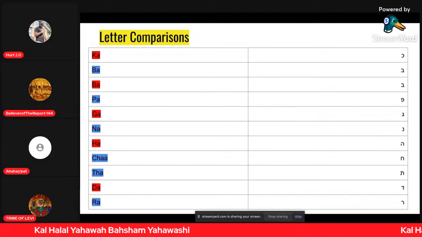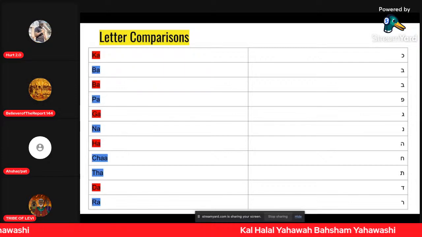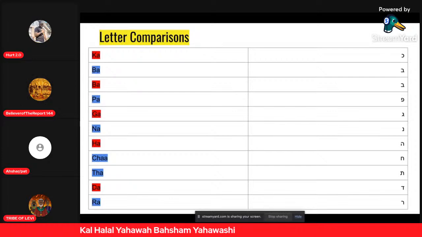So it'll be very good to make sure you acquaint yourself with these letter comparisons and that you're able to tell the difference between each one. Let me go to the next slide.